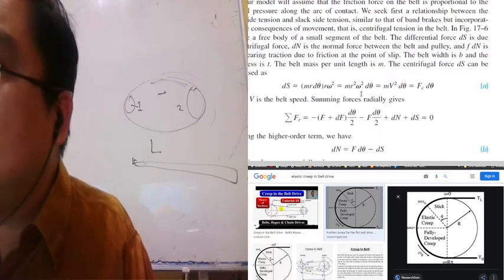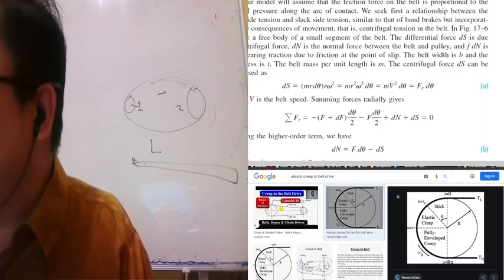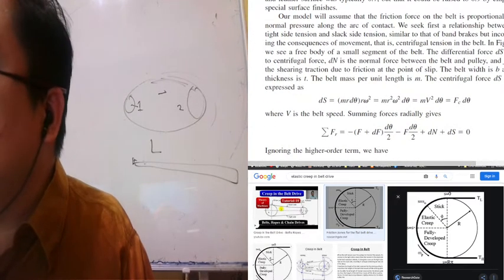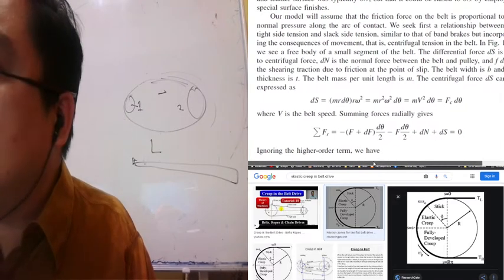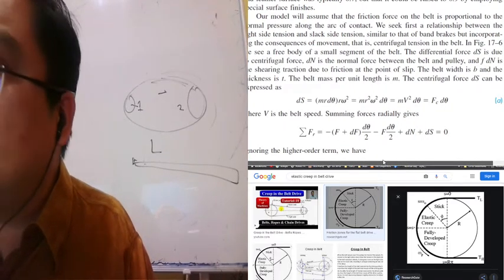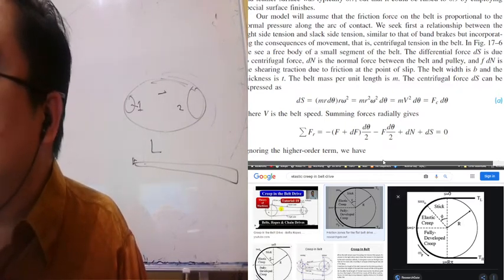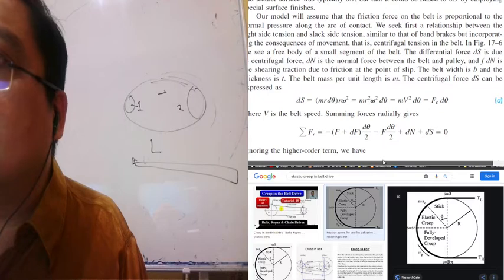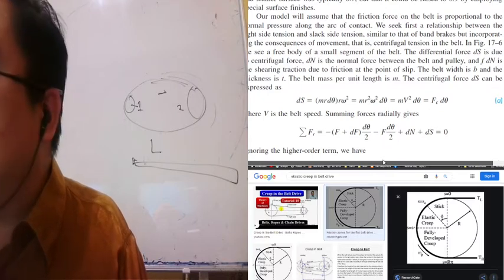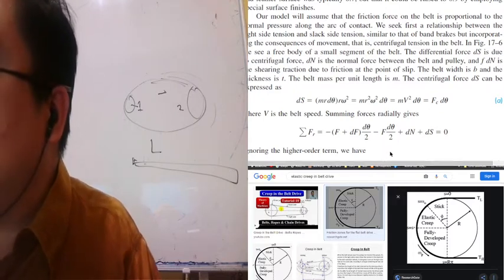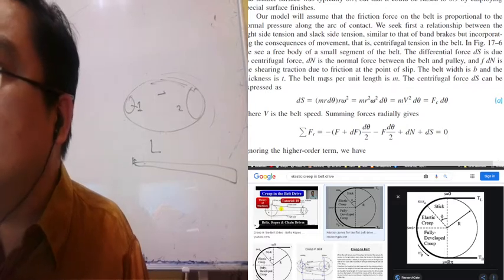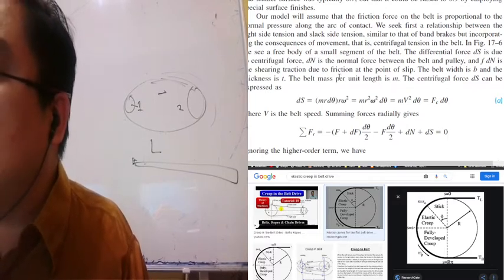In Figure 17.6, we see a free body of a small segment of the belt. The difference in force dS is due to centrifugal force. dN is the normal force between the belt and pulley, and friction dN is the shearing force due to friction at the point of slip.